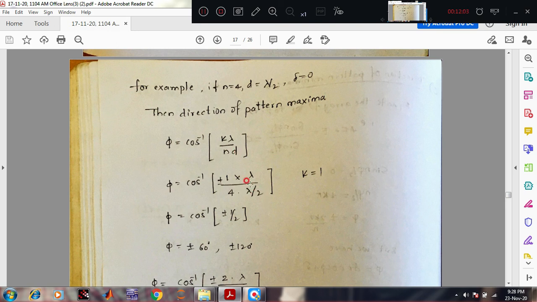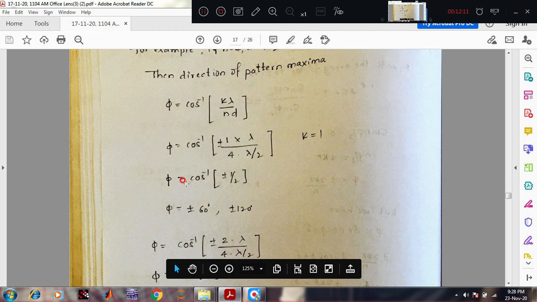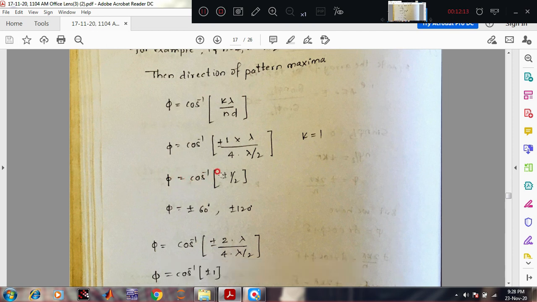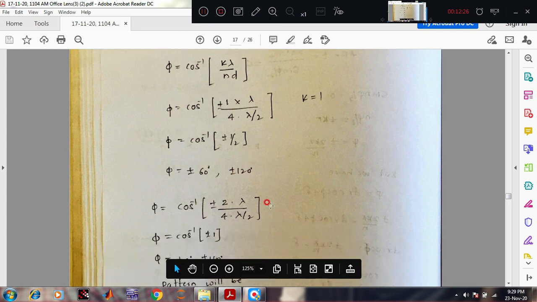So λ cancels, 2 goes up, 2 by 4 is 1 by 2, plus or minus. Therefore φ is equal to cos inverse of plus or minus 1/2, right? Therefore φ is equal to plus or minus 60 degrees or plus or minus 120 degrees.